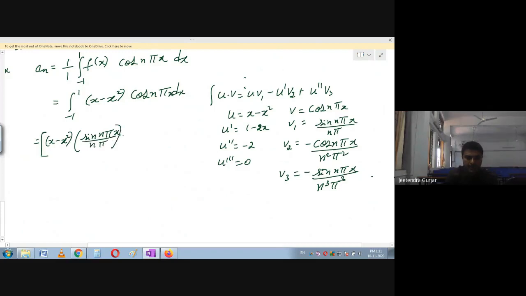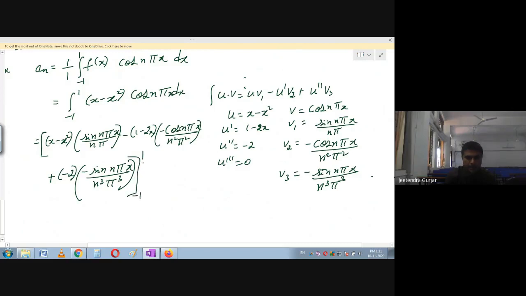Okay, minus u dash, u dash is 1 minus 2x, v2. v2 we have calculated as minus cos n pi x upon n square pi square. Please continue here this side, plus u double dash is minus 2, and last one is v3, minus sine n pi x upon n cube pi cube, in the interval -1 to 1.